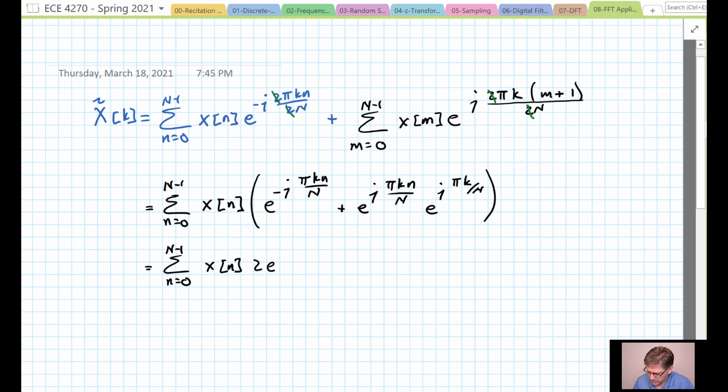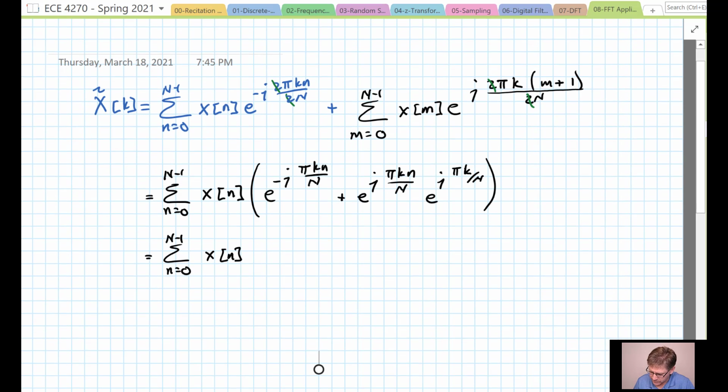and we get 2. Now I'll do it in 2 steps here. So we have e to the j. We're going to factor this out by factoring out a k over 2 factor. So that, to cancel that, we have a negative k over 2 in the left term, and then the positive term on the right there becomes just a k over 2.